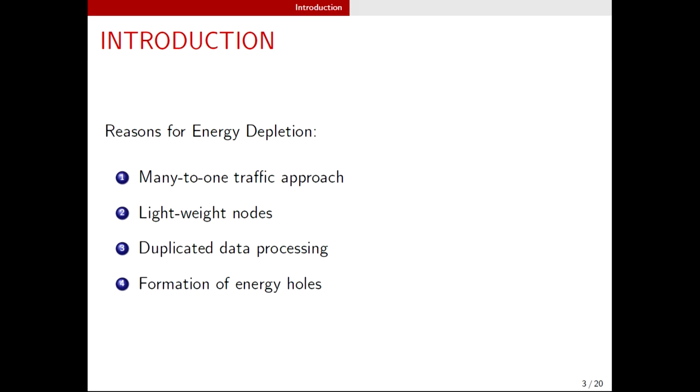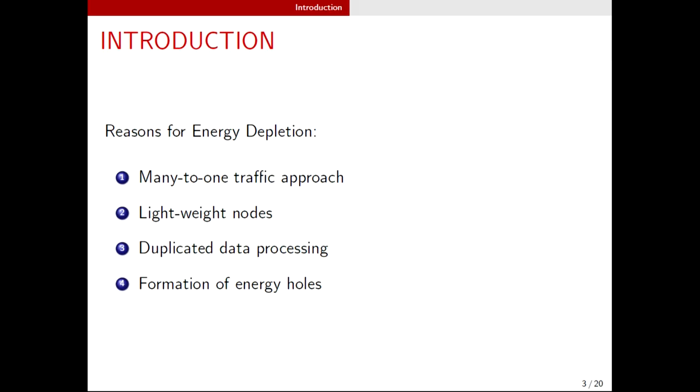The main reason for energy depletion is that since a sensor network works with many-to-one traffic, the nodes near the sink always get drained due to large processing of packets. The second reason is that they are lightweight nodes, and the third reason is that they process data redundantly. The data itself is redundant.